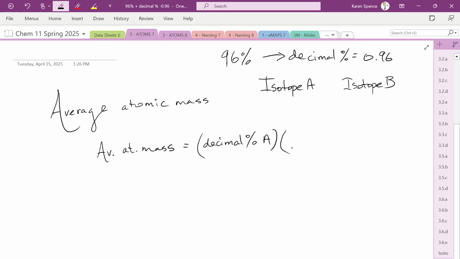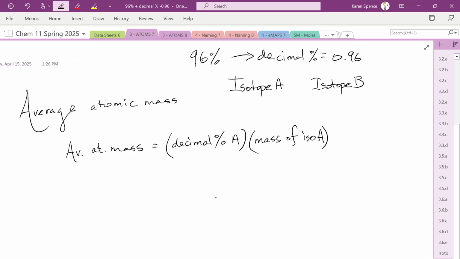And we're going to multiply that by the mass of isotope A. We're then going to add that to the decimal percent of isotope B times the mass of isotope B.